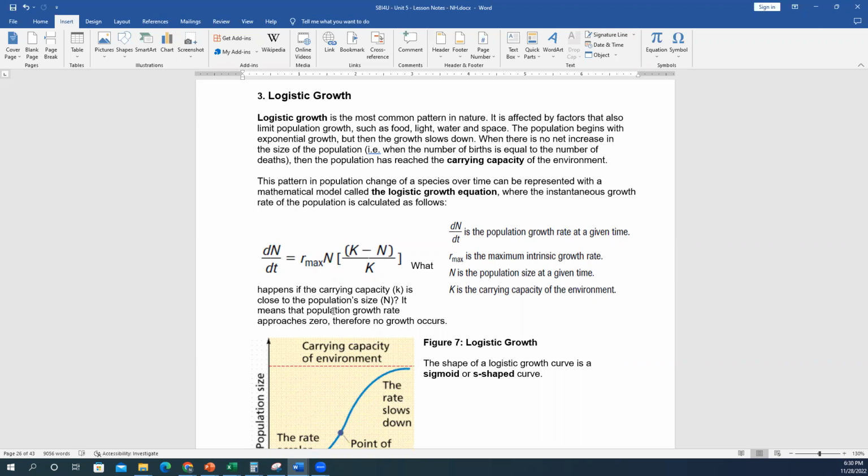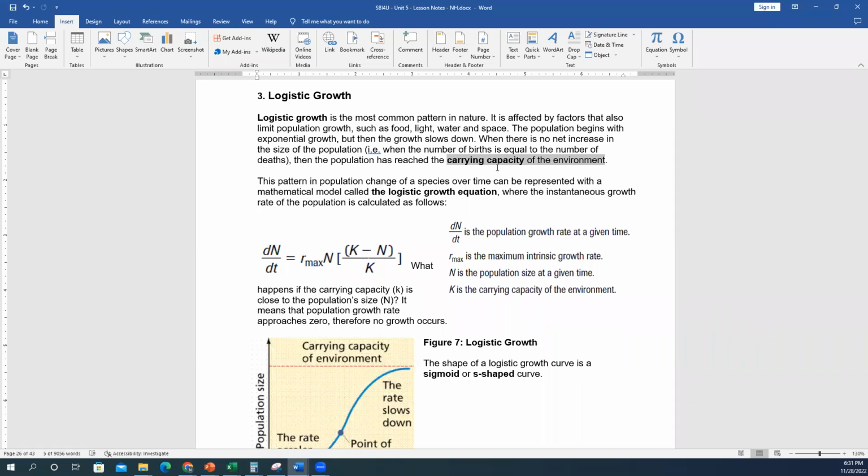And when there's no net increase in the size of the population, in other words, when the number of births starts to equal the number of deaths, so there's no net change in the population, then at that point, the population has reached what we call the carrying capacity of the environment, where the environmental resources are such that it can only support a certain population size. That's the population's carrying capacity, the environment's carrying capacity.